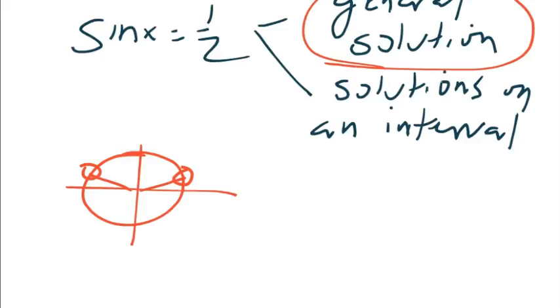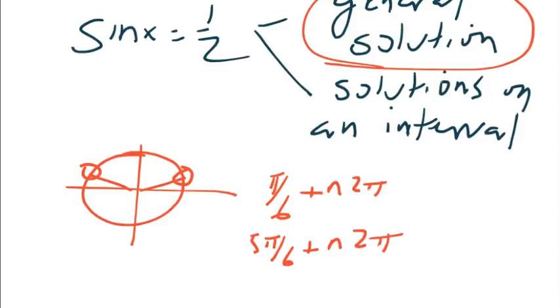So that would look like, in this case, pi over 6 is your first solution, and then the coterminal angles are in 2 pi. So that's one general solution. The other is 5 pi over 6 plus multiples of the period, in 2 pi. So the general solution for a trigonometric equation will look something like that.